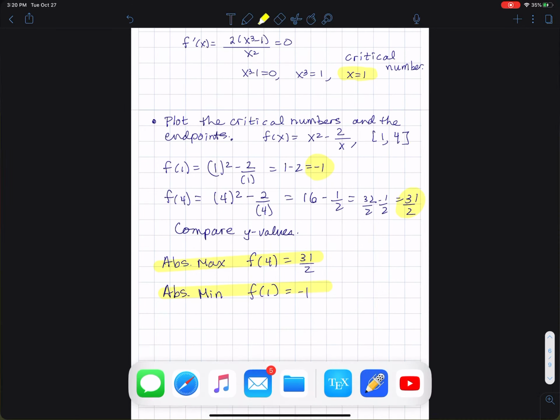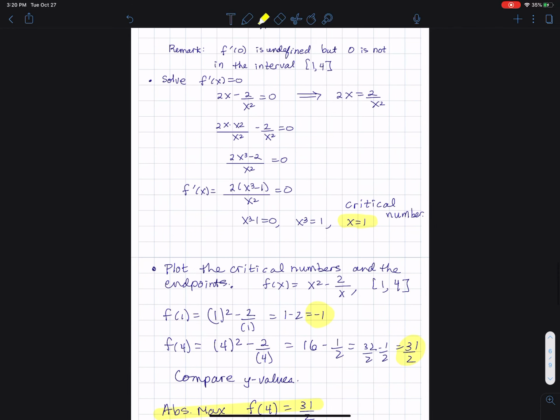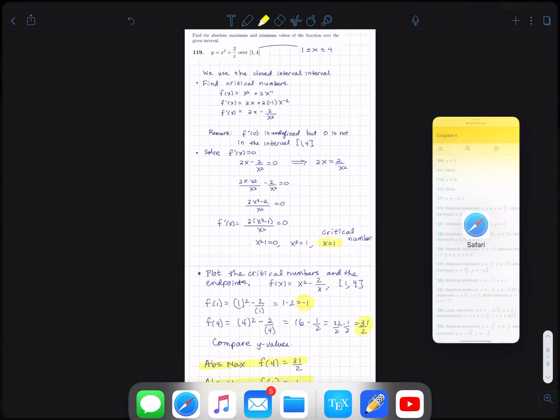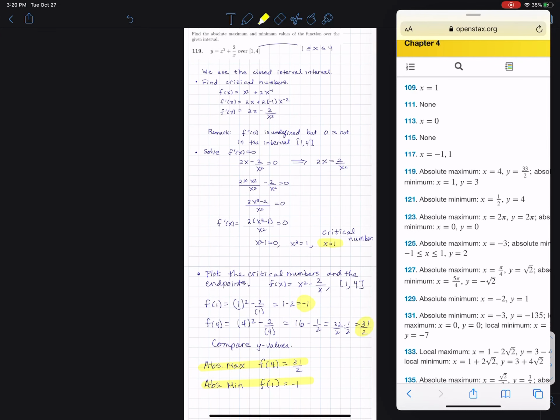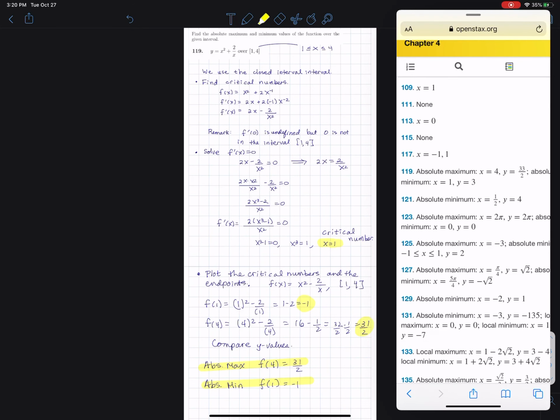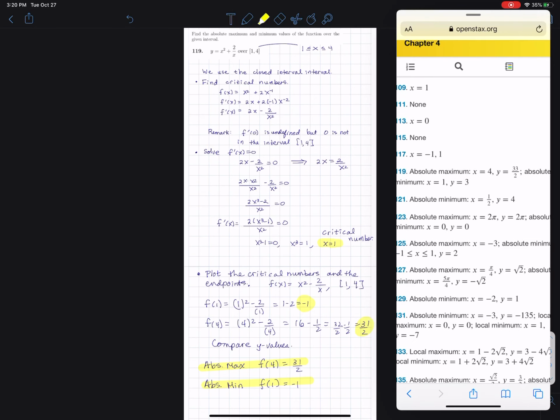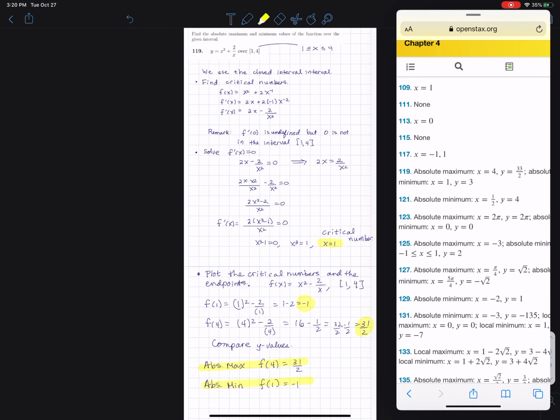And then what I can do is, well, hold on, what number is this? This is 119, and I have the answers here, I believe, in the Openstax. So, yeah, that's it. So, oh, no, I did it wrong, so that makes it more exciting.